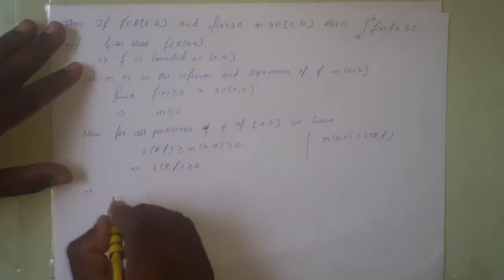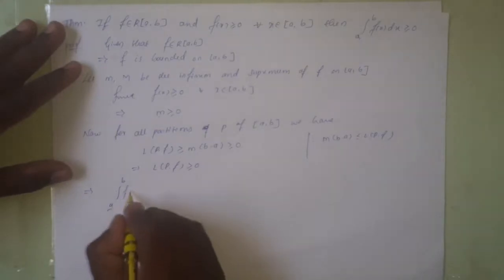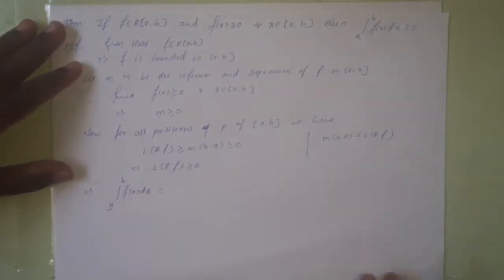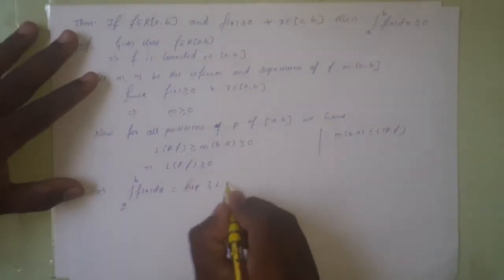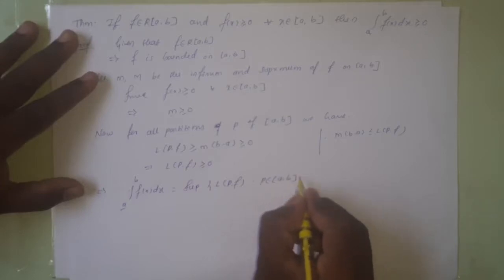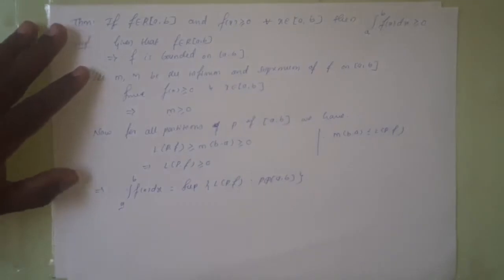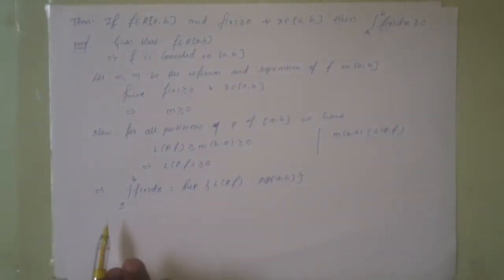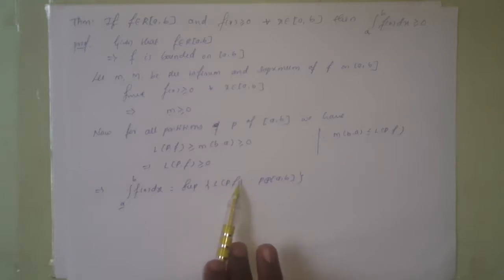Now, let us consider the lower Riemann integral, the lower bar integral from a to b of f(x) dx. The lower Riemann integral is nothing but the supremum of L(P, f), where P belongs to the set of partitions of the closed interval [a, b]. Now, here by the definition of the lower Riemann integral, the lower integral from a to b of f(x) dx is equal to the supremum of all the lower sums.